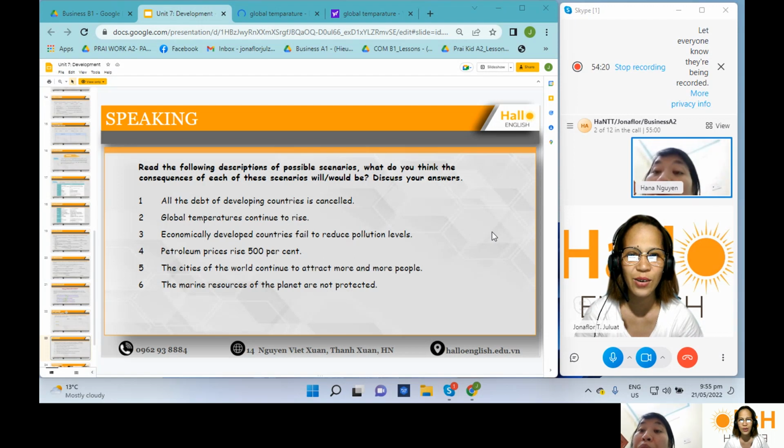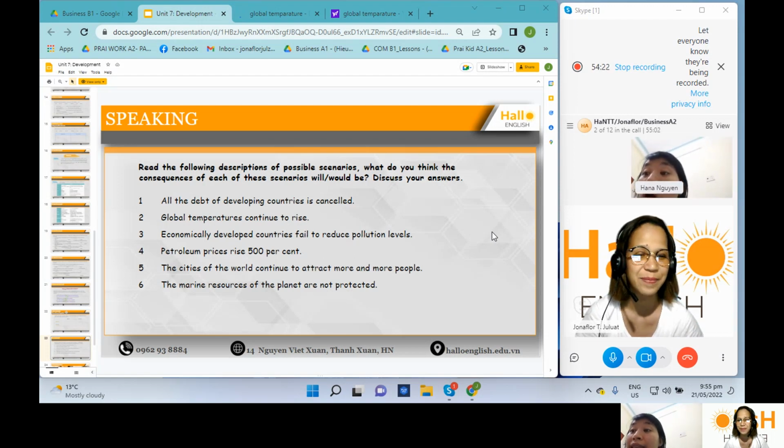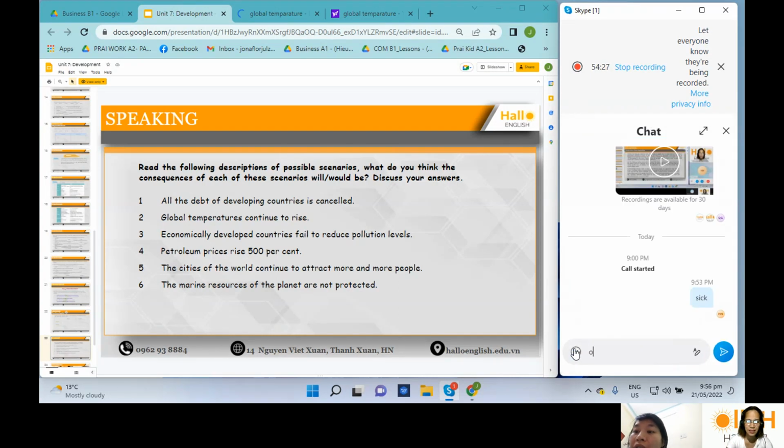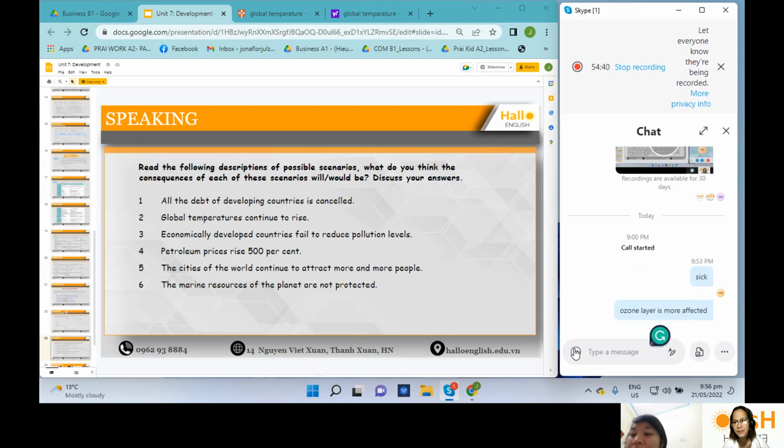Our ozone layer will be more affected, and there will be more disease.